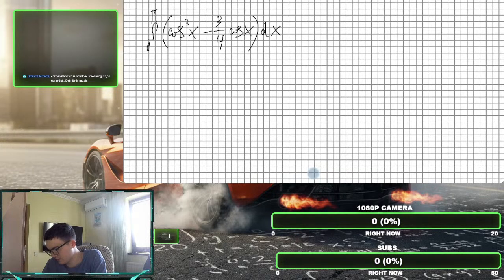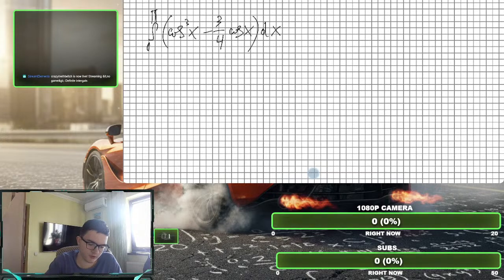Boom, save, like this, and pop it in there. Should be no issue.